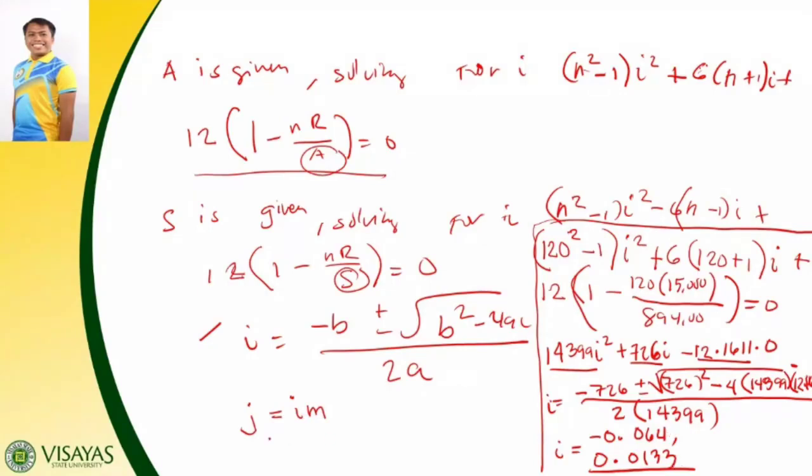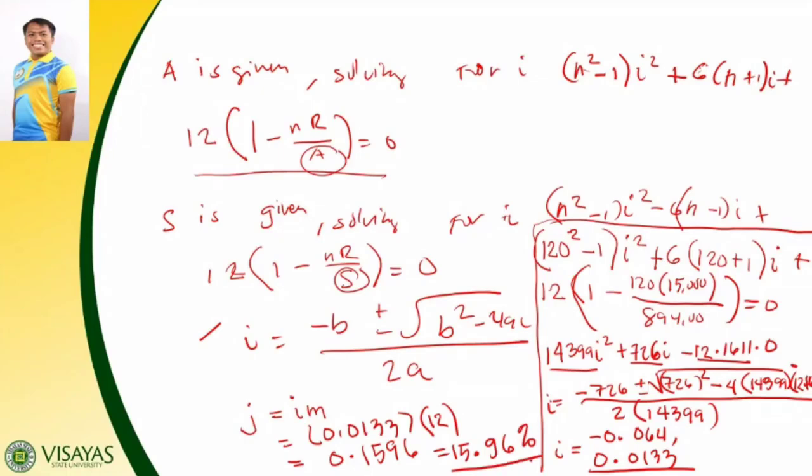Okay, so the nominal rate J is equal to I, which is 0.0133, times M, which is 12, monthly. So this is equal to 0.1596, or 15.96%. 0.0133 times 12 times 100, that's 15.96%.